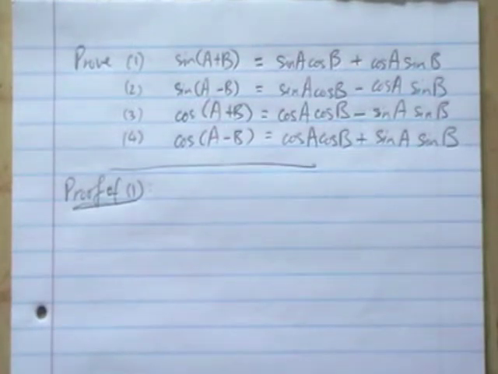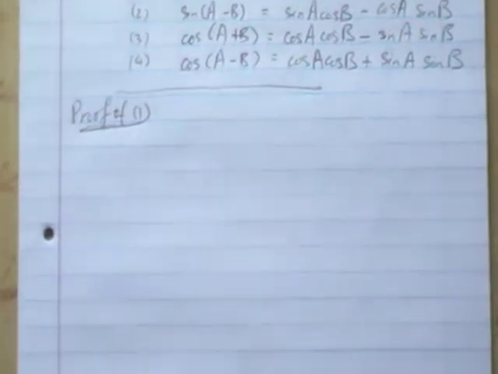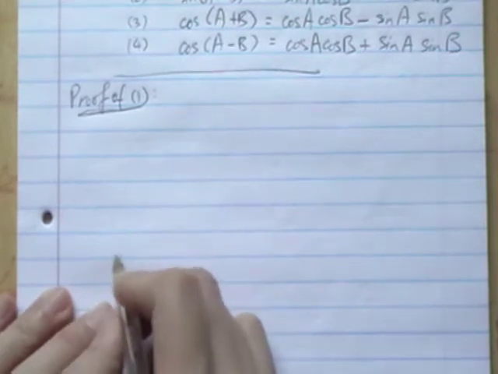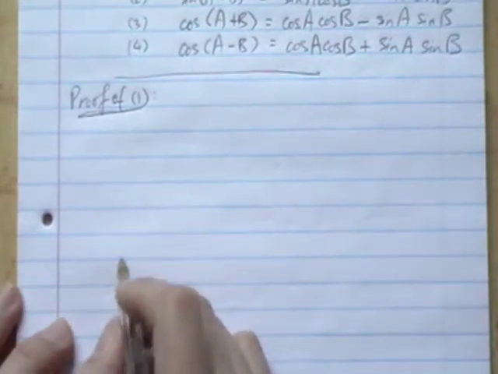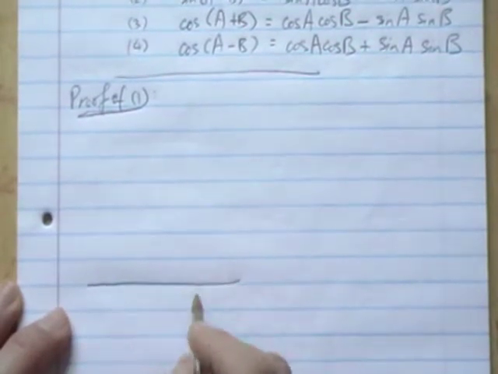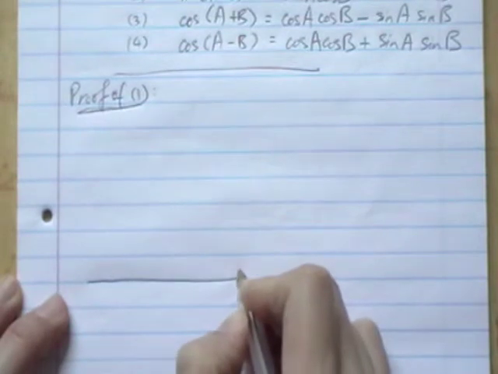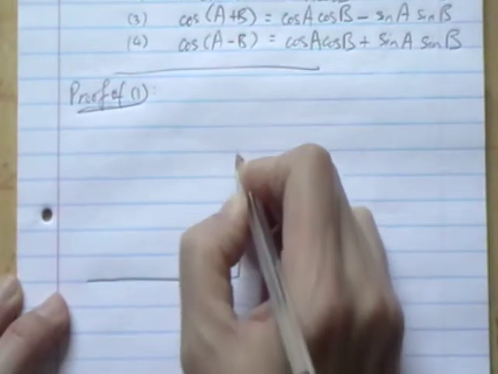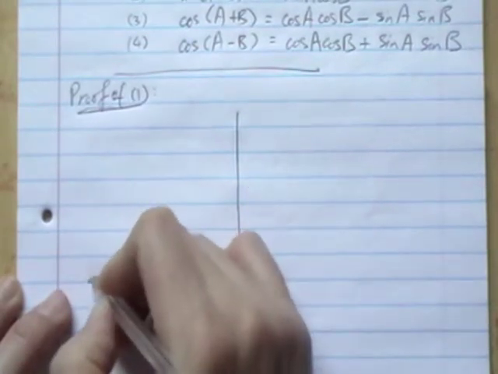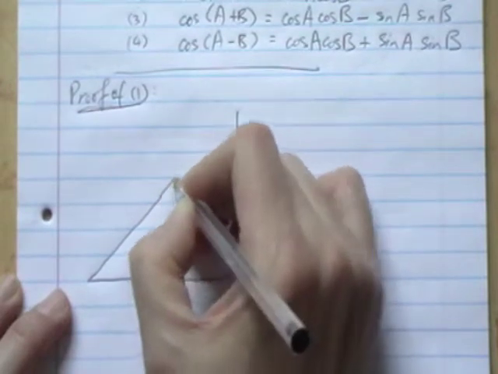Alright. The way to do it is to first draw a triangle. Now, as always, we have a right-angled triangle for trigonometry.